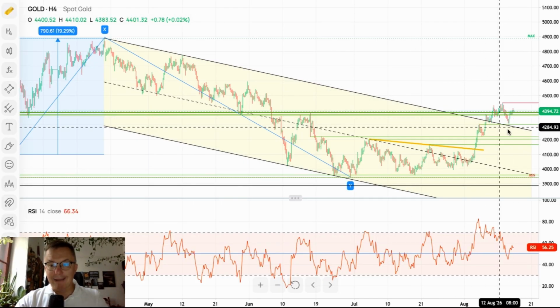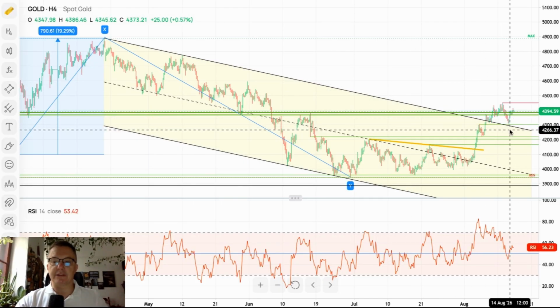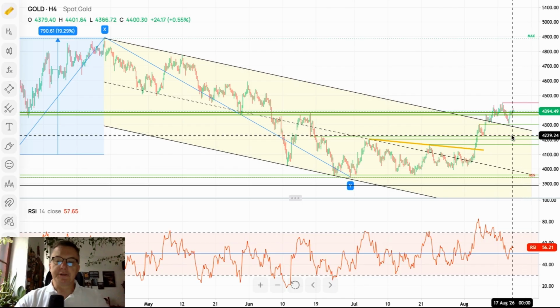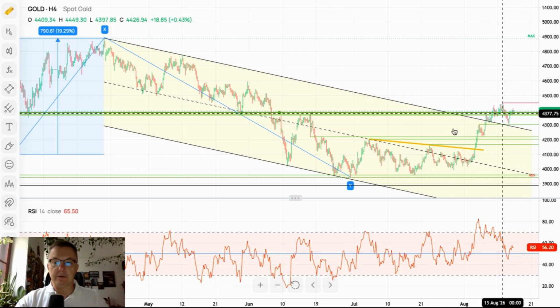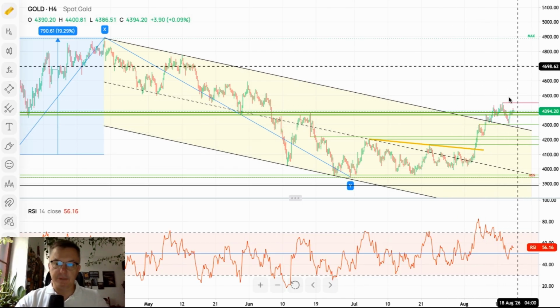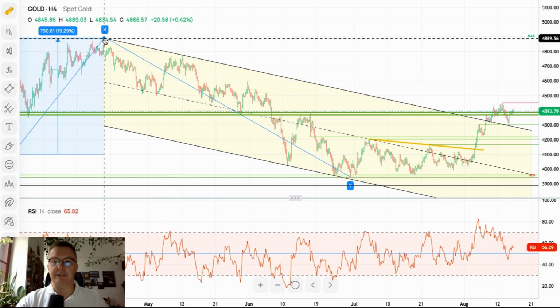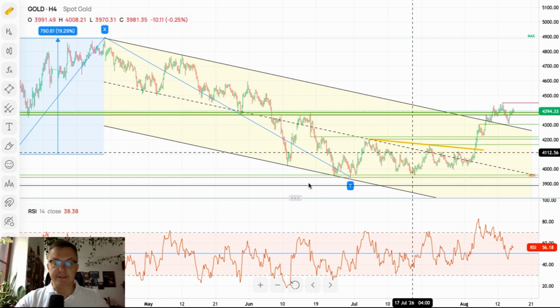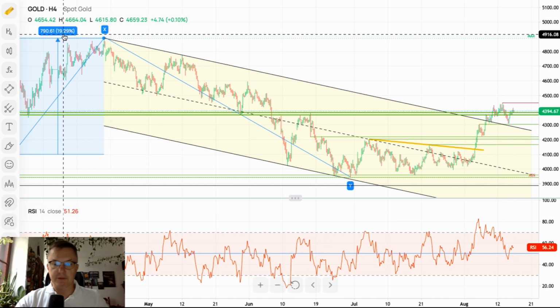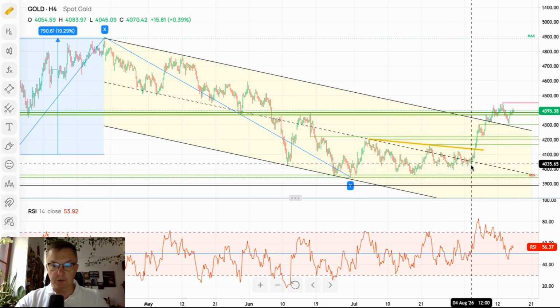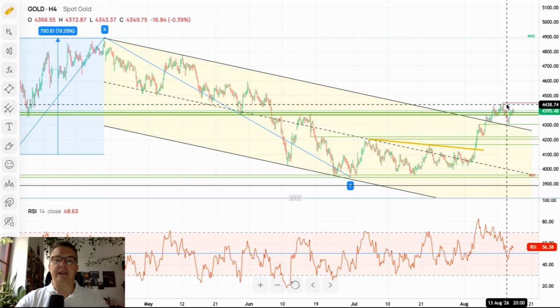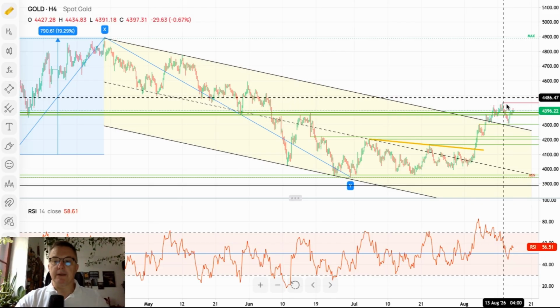We broke out of the descending channel, the yellowish one, and we established a new swing high, but we need to expand further. We need to expand towards 4,889, where the wave X is. Now this movement to the upside is definitely not 19.29%, so it's still not the biggest correction to the upside on the gold market. Nevertheless, it looks pretty solid.